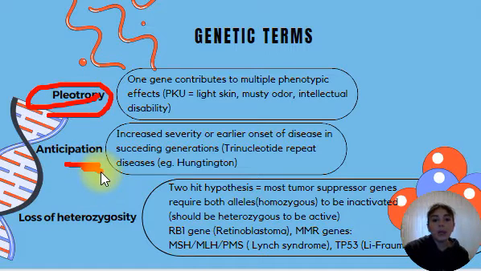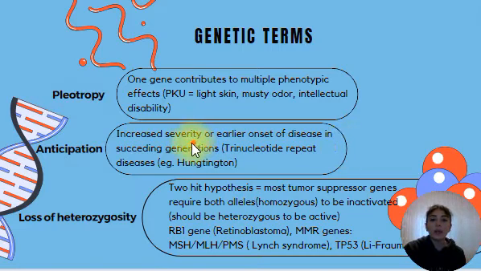Next we have anticipation. Anticipation equals accumulation, right? So it means increased severity or earlier onset of disease in succeeding generations. It is true for trinucleotide repeat disorders, for example, Huntington disease, right? So we know Huntington is mood swings, depression, tremor, then something with muscle weakness, something like that.